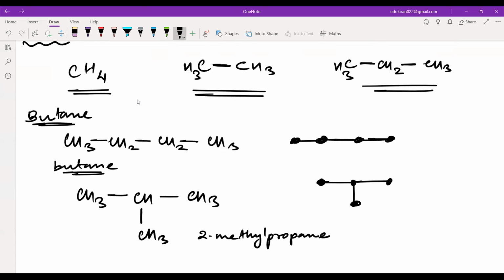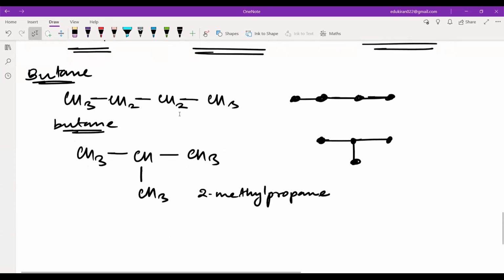Write this down. Let me know if you're done. So butane has how many isomers? 2 isomers. Done, all of you? Yes, sir.